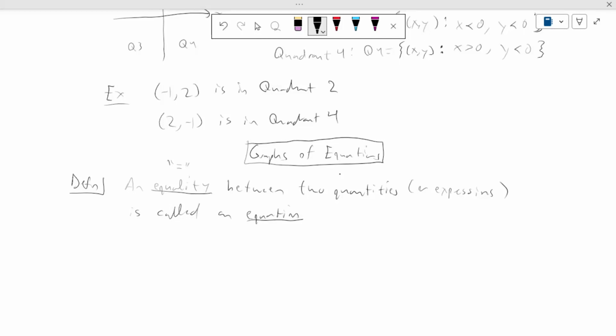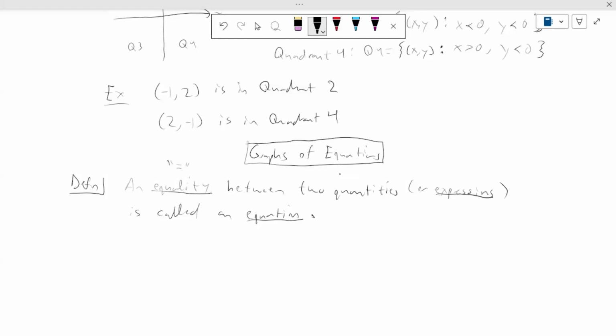We haven't talked about functions yet, but it could be something times x plus something else times y or whatever. It could be any number of variables multiplied together, added together, any kind of algebra or arithmetic done to it. So an equality between these two quantities or expressions, as they're sometimes called, I'll often call them mathematical expressions or algebraic expressions, is called an equation.